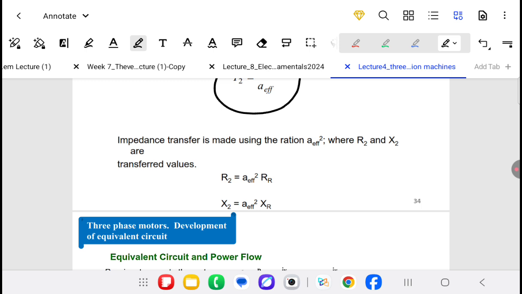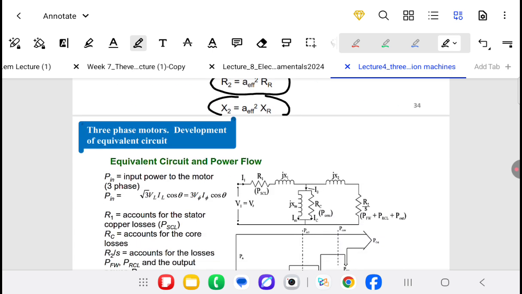We can transfer the impedances by the ratio A effective squared. For R2 and X2, we get R2 equals A effective squared times R rotor, and X2 equals A effective squared times X rotor. These are the two resistances obtained as referred to the stator side.